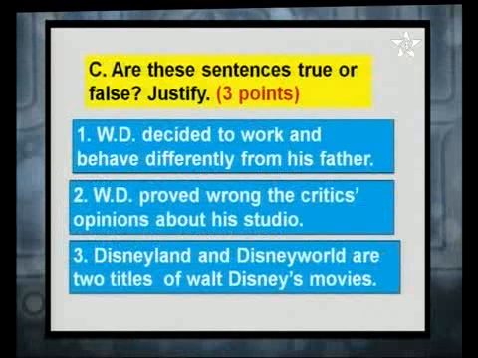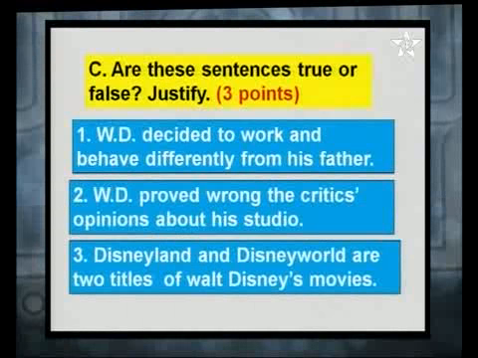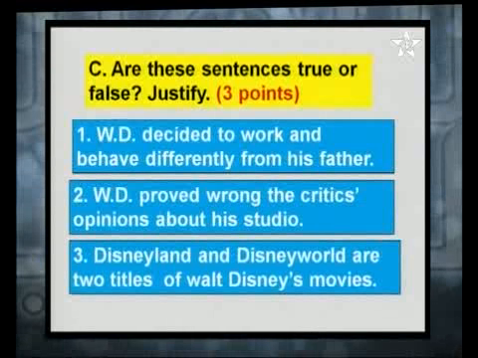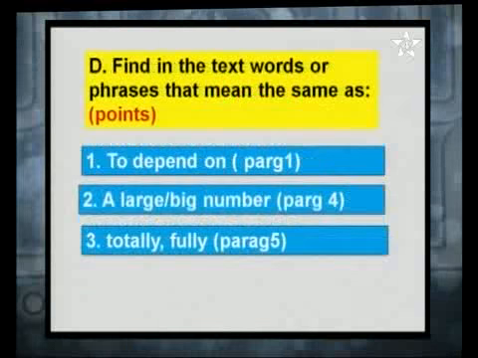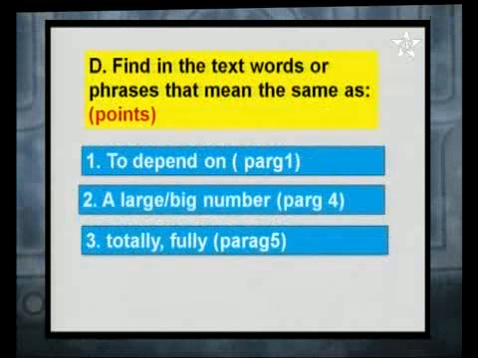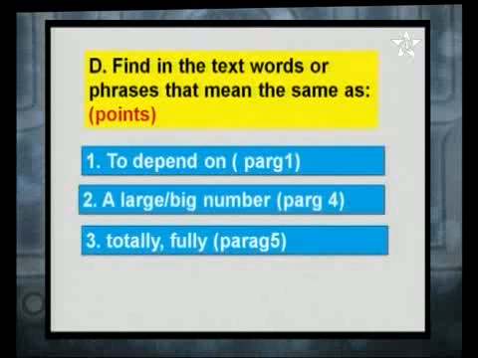Question C says, are these sentences true or false? Justify. This takes 3 points. If you find good answers, you get 3 points, that is to say, 1 point for each answer. And exercise D says, find in the text words or phrases that mean the same as. That is to say, you're going to read the text and find equivalents, synonyms of these words.